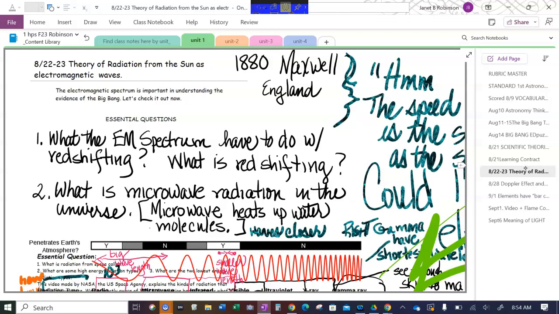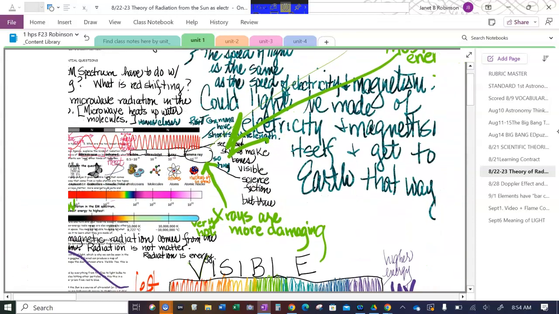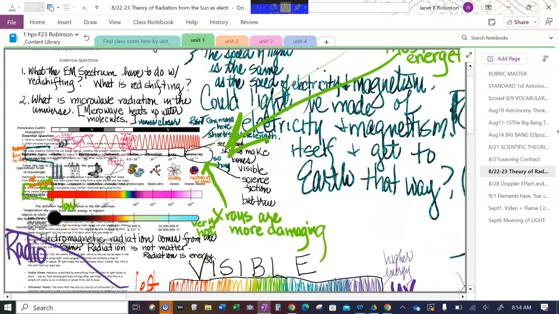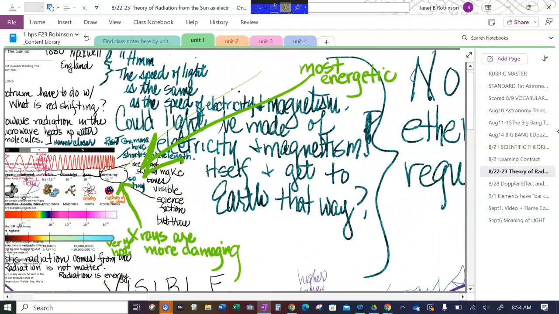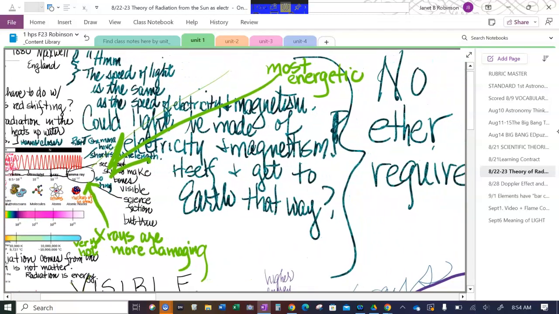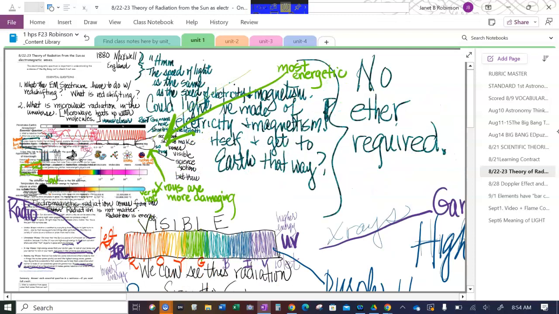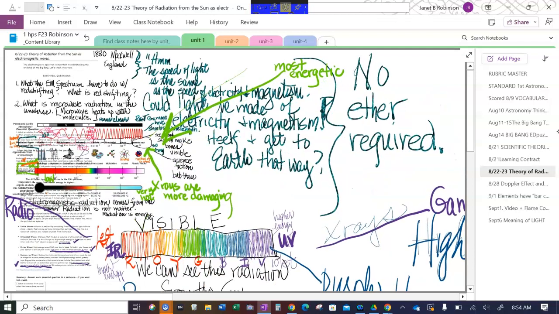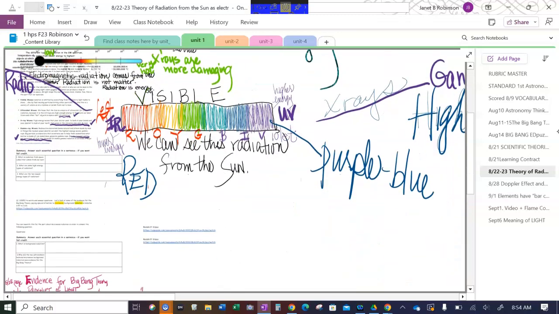We learned about the electromagnetic spectrum, because in order to understand redshifting, we had to do that. This unit is so tightly constructed, not necessarily because I made it that way, but because we have to understand what electromagnetic radiation is in order to understand the evidence.